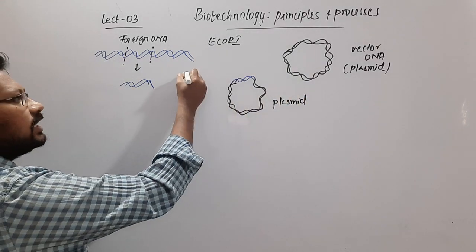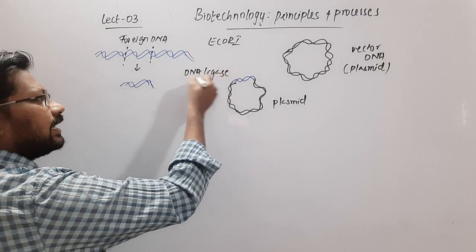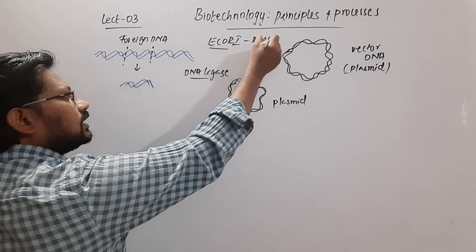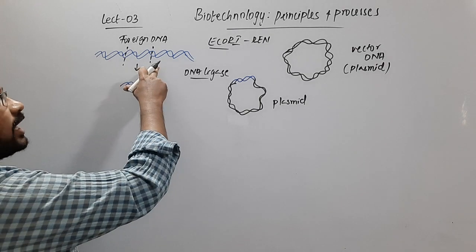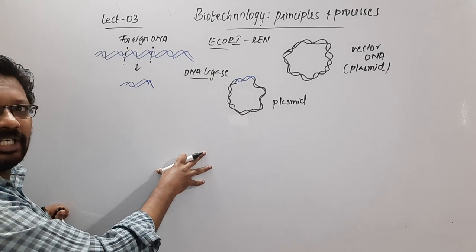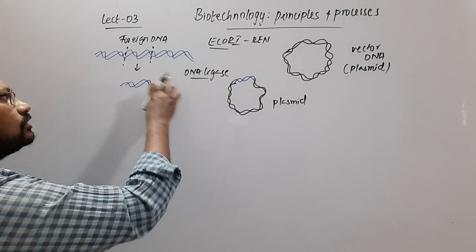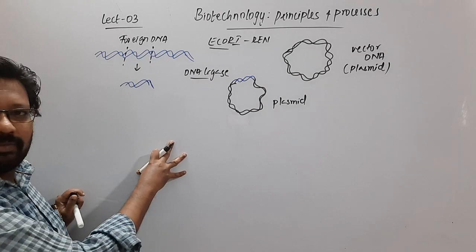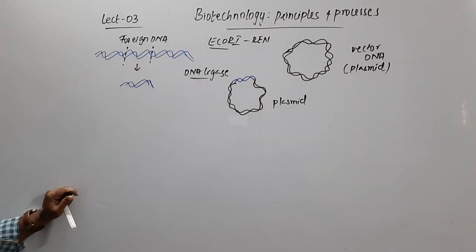So this is with the help of the enzyme called DNA ligase. Earlier, I used the restriction endonuclease to cut the foreign DNA and the vector DNA, the same restriction endonuclease. Then later, I used this DNA ligase to join the gene of interest, which I have taken from the source organism, with the plasmid.